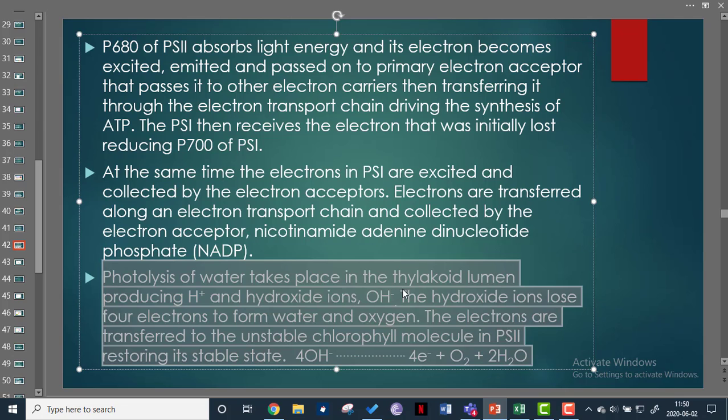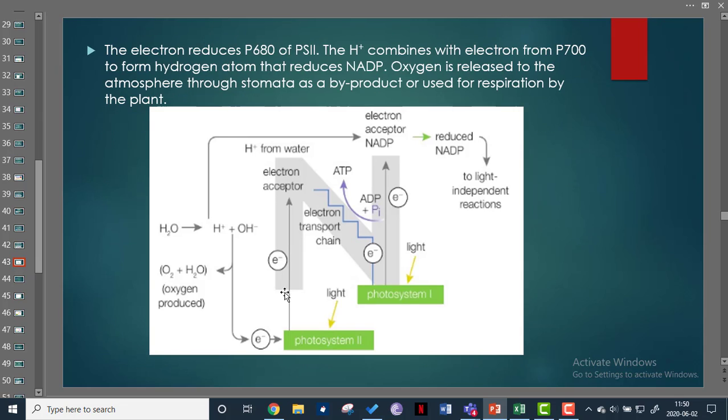Remember, it is the hydroxide ions that will undergo oxidation so that they can form the electrons, which are transferred to photosystem 2, which is now unstable, as I said earlier in our diagram here, whereby those electrons are used to replace those in photosystem 2 that had been lost, so that it can stabilize these chlorophyll molecules.